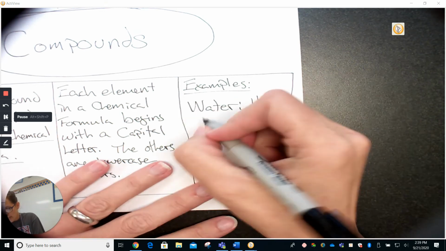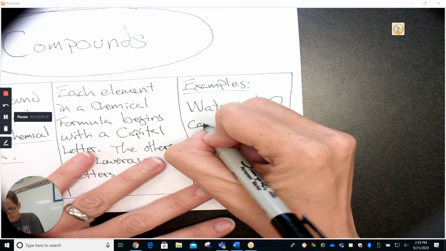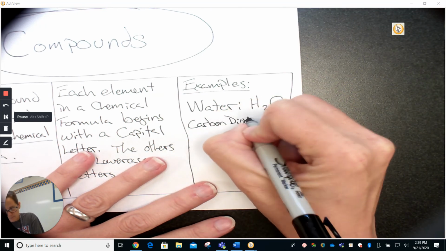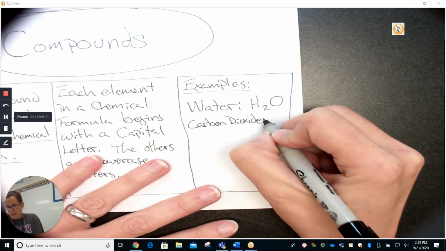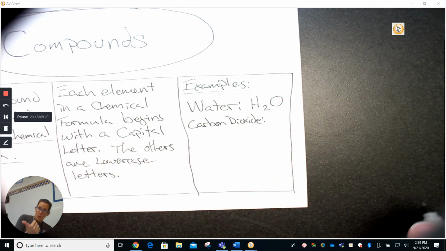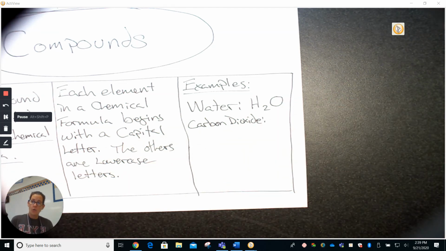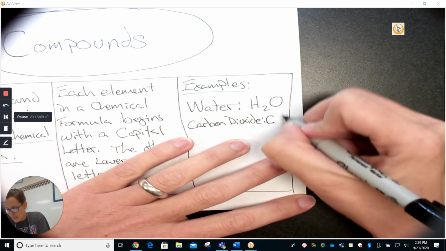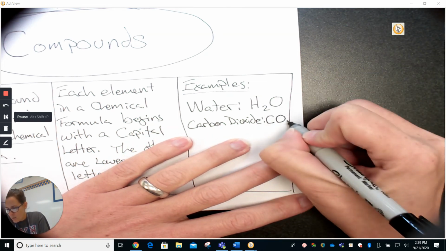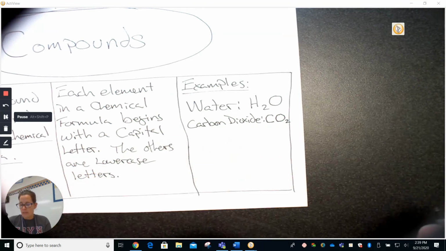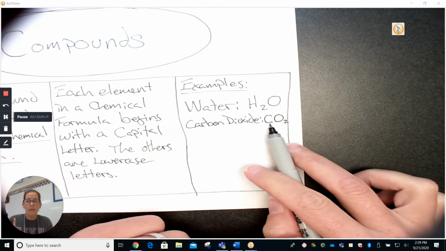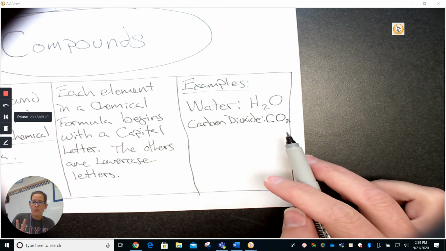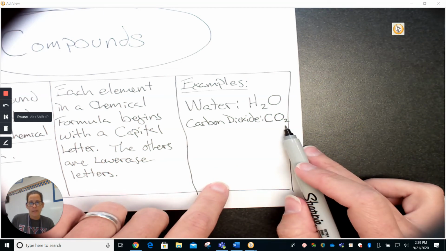So carbon dioxide, its chemical formula is 1 carbon atom and 2 oxygen atoms. So that's a capital C, 1 big O, and the number 2, because we have just 1 carbon atom and 2 oxygen atoms. That's why we have this number 2 right there.